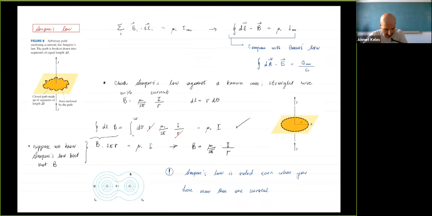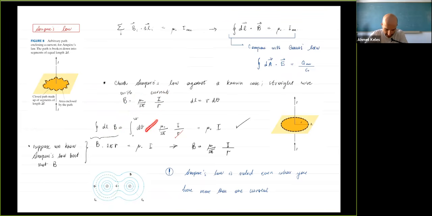This is for charges. We can check this against a known case, and the known case is the magnetic field of a single straight wire. We just said it's mu0 over 2 pi times I over r. Let's calculate this quantity. This is your current. There's a closed path around this current, and we are supposed to calculate dl times B. Now dl is r times d theta, and for B we just plug this in because that's the known case.